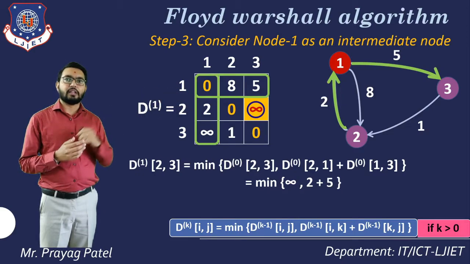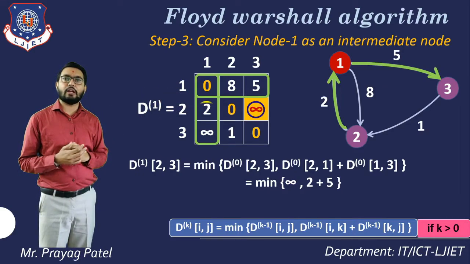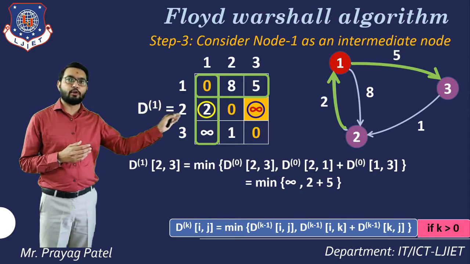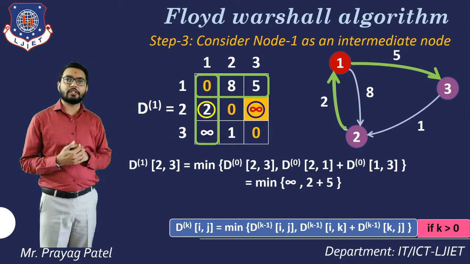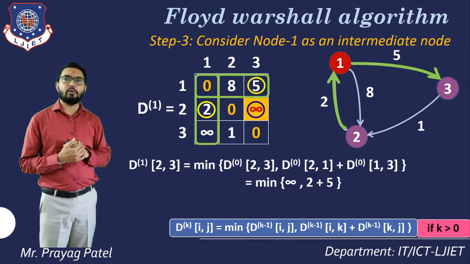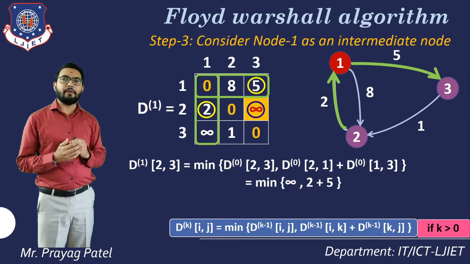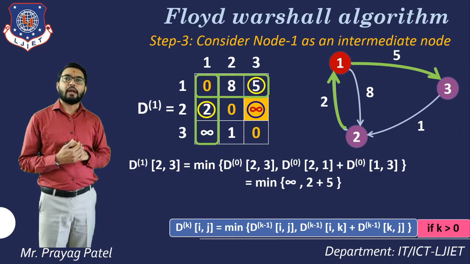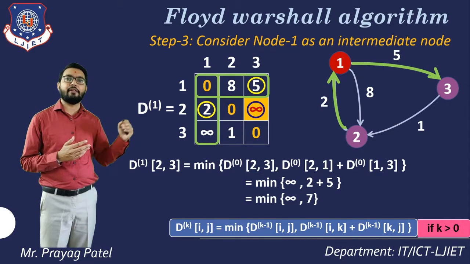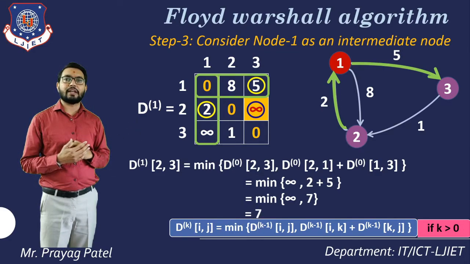Here it is infinity. The next value is D0 2 1. The 2, 1 location has value 2. The next value is D0 1 3. The 1, 3 location has value 5. So consider minimum of infinity, comma, 2 plus 5, and 2 plus 5 equals 7. So it is the minimum of infinity and 7. Now the minimum is 7.